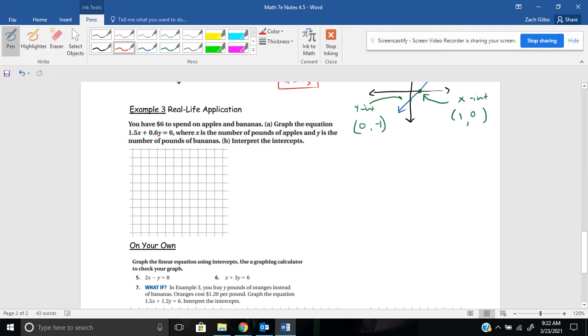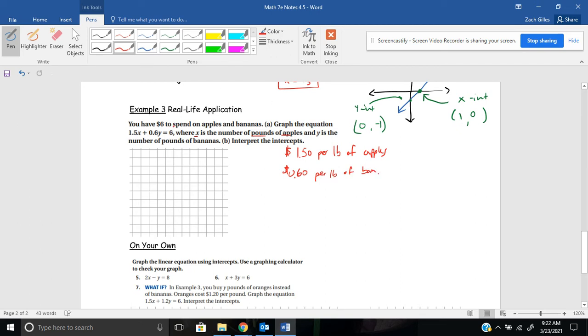So what that tells me is that for each pound of apples, because x is the number of pounds of apples, it costs 1.5, which means it's $1.50 per pound of apples. And for bananas, y represents the number of pounds of bananas. It's 0.6. So if I'm talking about money, that's 60 cents per pound of bananas.